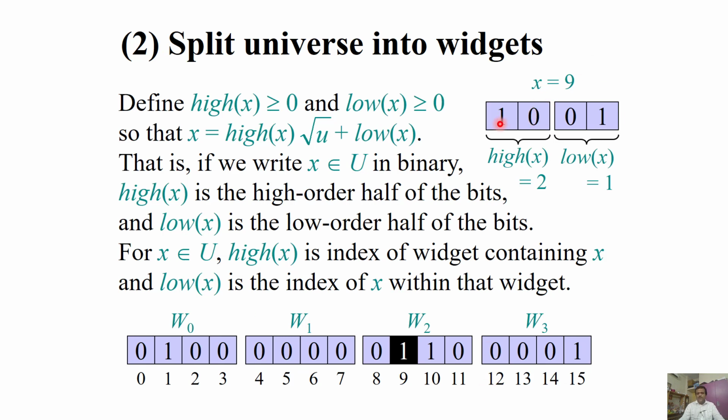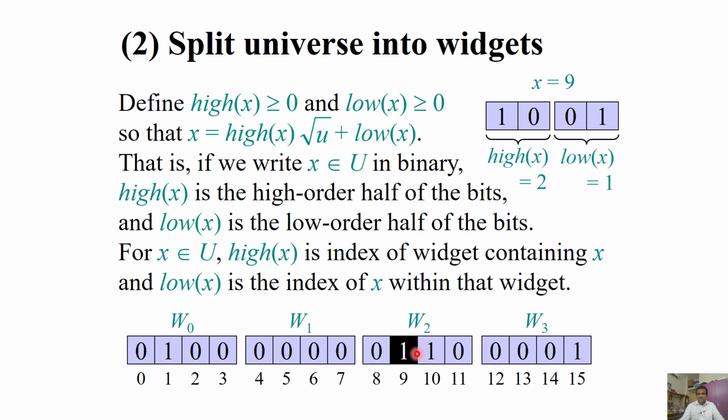So how to find the position of 9? We take this 9 and convert it into binary, and the first half of this we call high, because the binary representation of 9 is 1 0 0 1. So the first half is 1 0, which is basically 2, and this high of x will represent which widget we will go for.